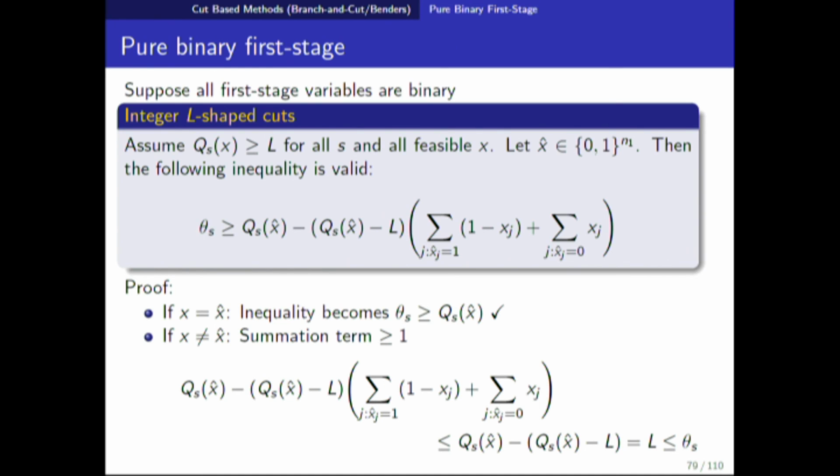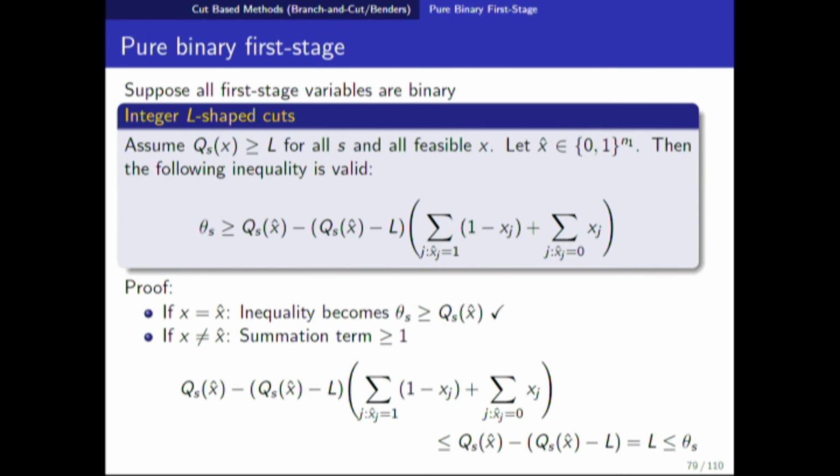When x equals x hat, this value is exactly 0, and we get theta S greater or equal to q S of x hat, which is exactly what you would want when x equals x hat. So it's exactly right in that case. For any x different from x hat, we have to make sure this inequality doesn't give me an incorrect bound for my value function.